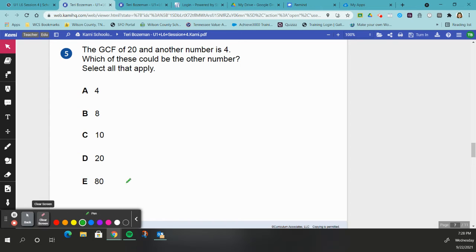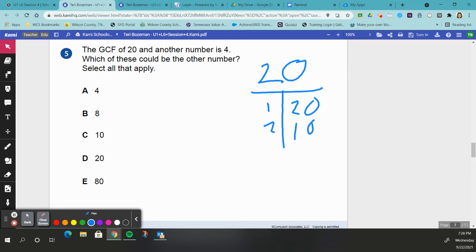All right, so let's take a look at this. We have 20, right? So let's think of our factors of 20. We have 1 times 20, 2 times 10, and 4 times 5, right? So what are some other numbers over here that would share a factor with 20?